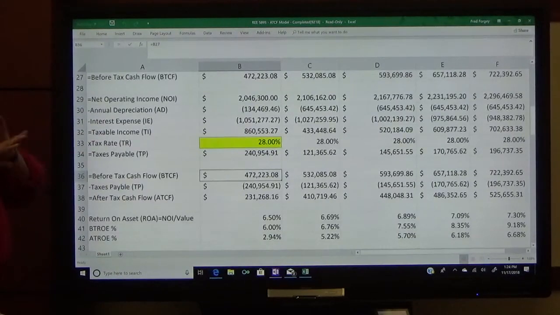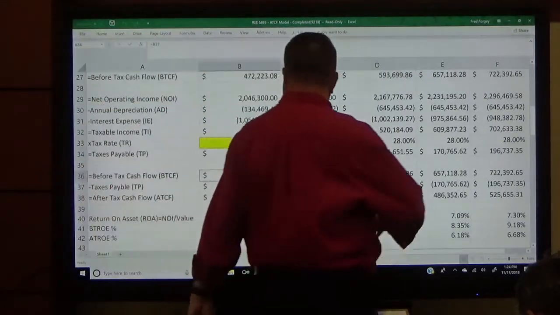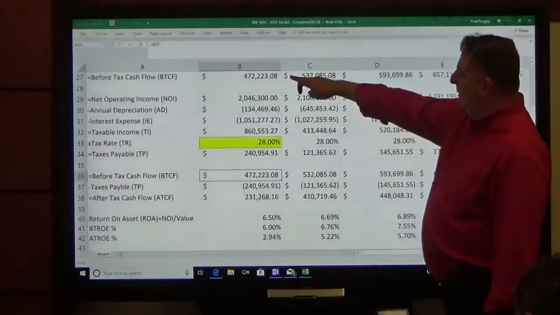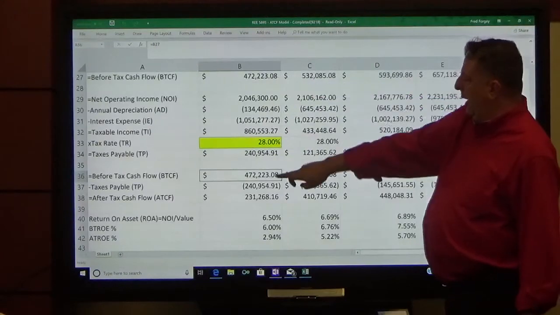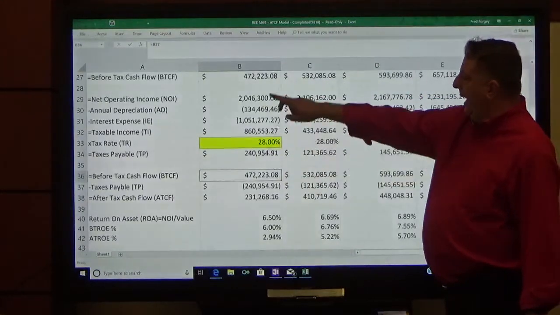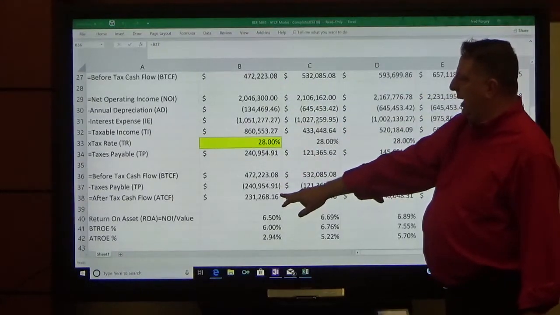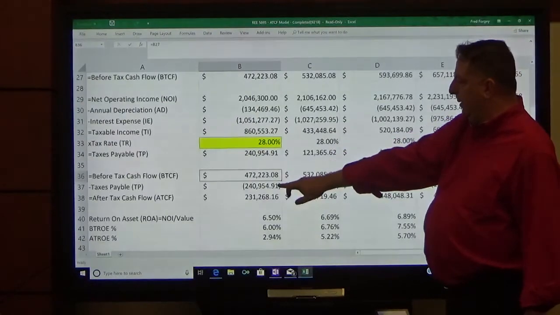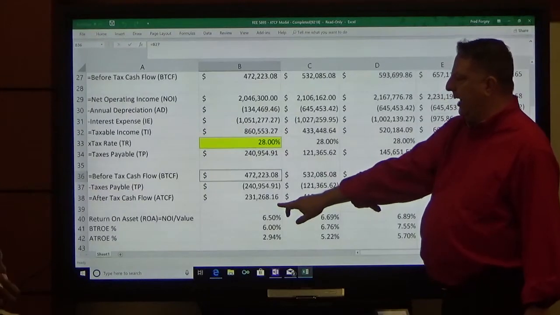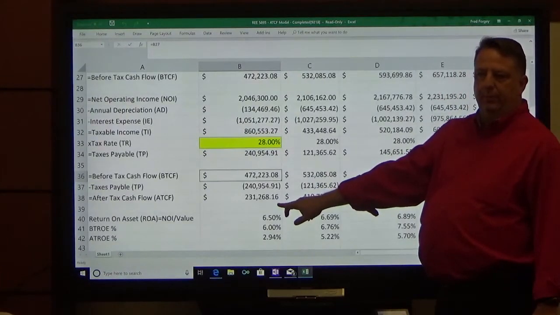Its sole purpose is to figure out taxes payable, so that you can insert that down here and say, okay, we've got our before tax cash flow, and we're simply pulling it down here, and then from that, we subtract out our taxes payable, which is here, and that gives us our after-tax cash flow, okay?